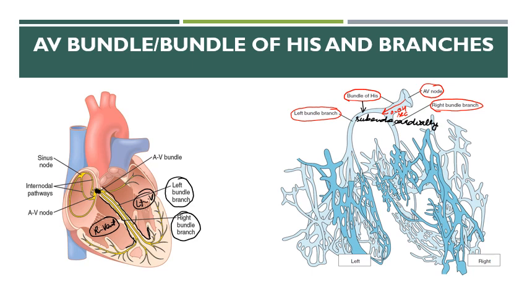The right bundle branch, as we can see from the left diagram, is basically a direct continuation of the His bundle and proceeds down the right side of the interventricular septum, while the left bundle is thicker than the right.